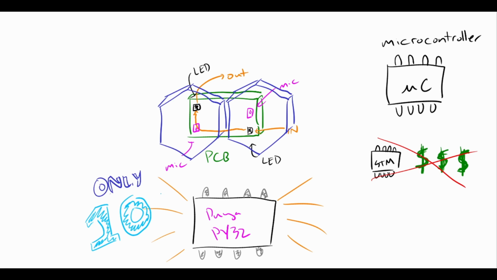Even if I got the highest end part, a 64-pin part with substantially more RAM and program memory, it would only be 57 cents per part, still cheaper than the cheapest STM32C0. This is the perfect solution. For around 10 cents per board, I can read the microphones with the internal analog to digital converters, then I can perform the math, detect the amplitude, and use the interrupt pins connected to the LED's data line to trigger a response back to the main controller.